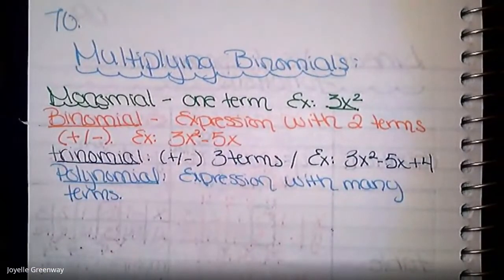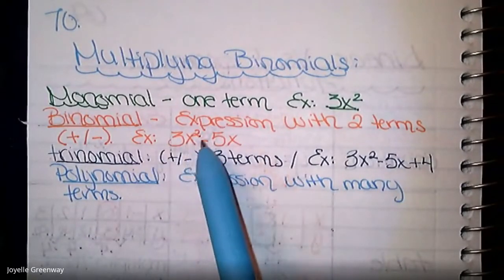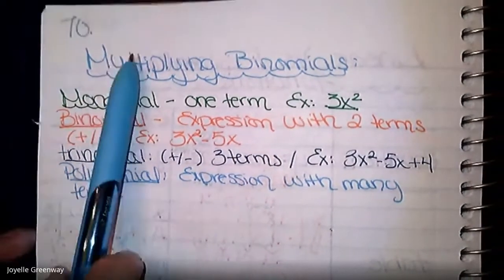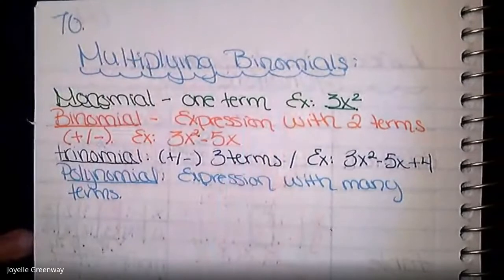Okay. So these are different forms of polynomials, and they have their own names: a binomial, a trinomial. But anything that has multiple terms, it's a polynomial. Okay. So I just needed to get that out of the way before we talk about multiplying binomials.